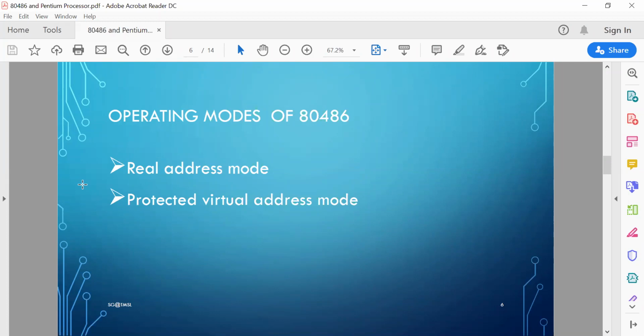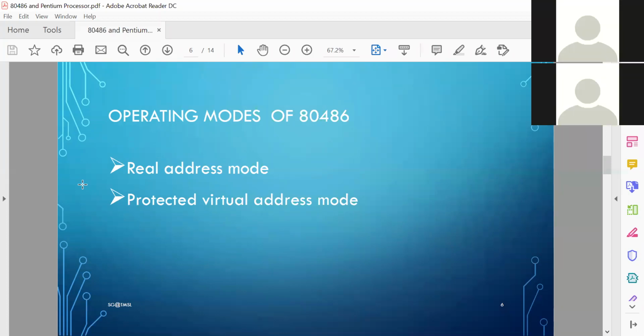Different tasks means task switching from one task to another task, paging, and exception and interrupt handling, everything. So basically this processor is used for a multitasking environment. You can switch over from one task to another anytime, but you have to maintain such logic properly, or maintain the protection mechanism. So these two modes are available: real address mode and protected virtual address mode.